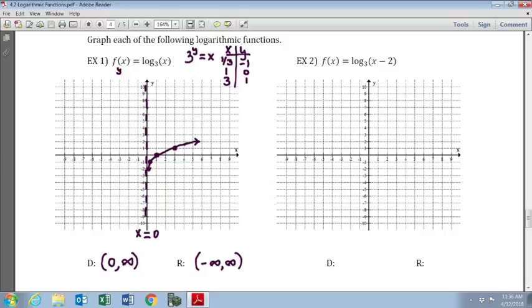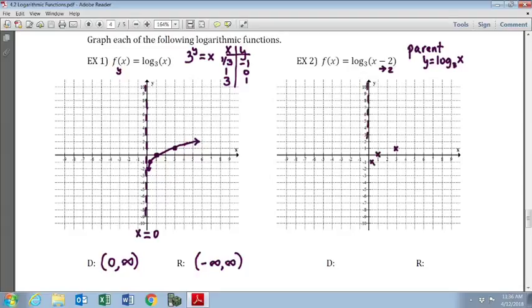All right, so on number 2, our parent function is going to be y equals log base 3 of x, which we just graphed. The only difference here is because the minus 2 is inside with the x, we're going to have a horizontal shift. This is the one that works kind of opposite or backwards. So we're going to go right 2.